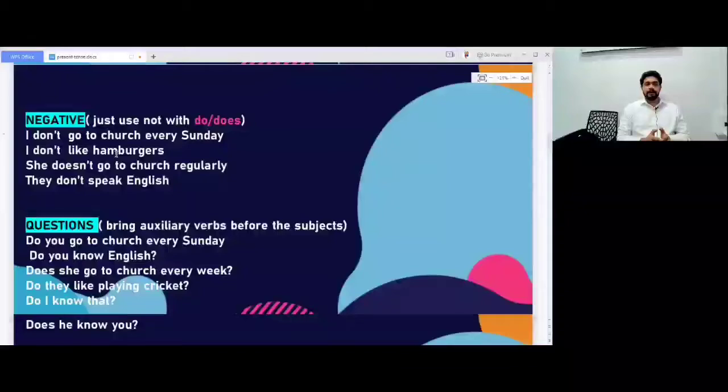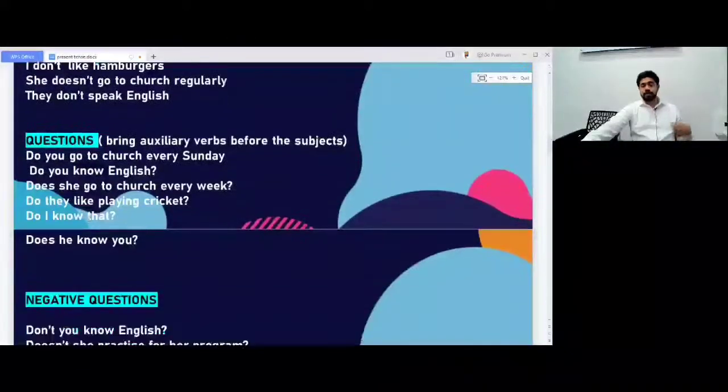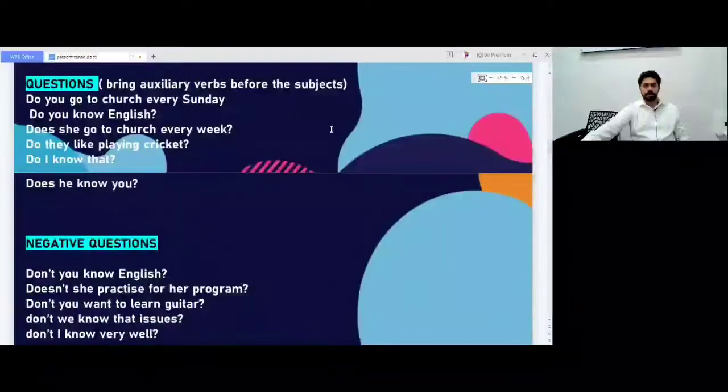So when you make a question, you need to separate it and show it up. That's it. The same applies in the case of making questions as well. Whenever you make a question, you have to show the auxiliary verb very clearly. So let's talk about some of the questions. Bring the auxiliary.